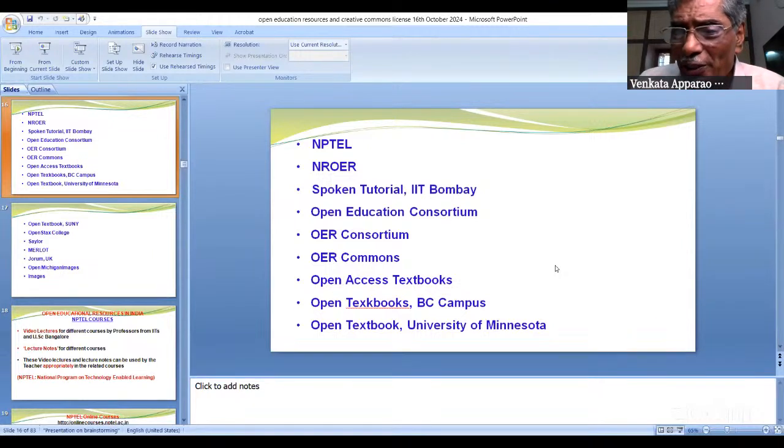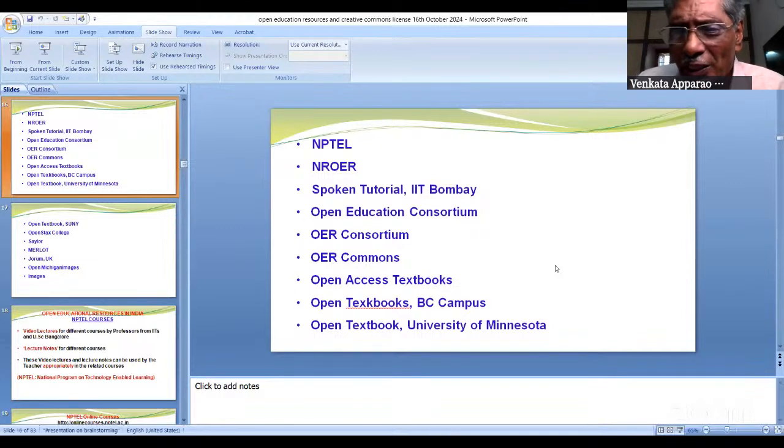That's also from India. They organize several online courses. Spoken Tutorial of IIT Bombay and NPTEL benefited a few lakhs of students all over the world.